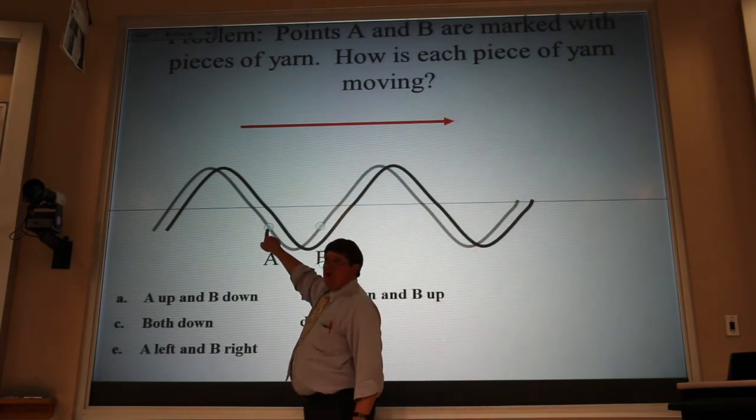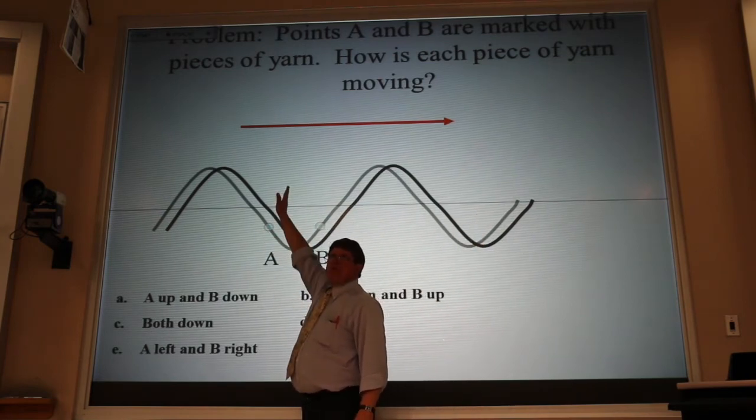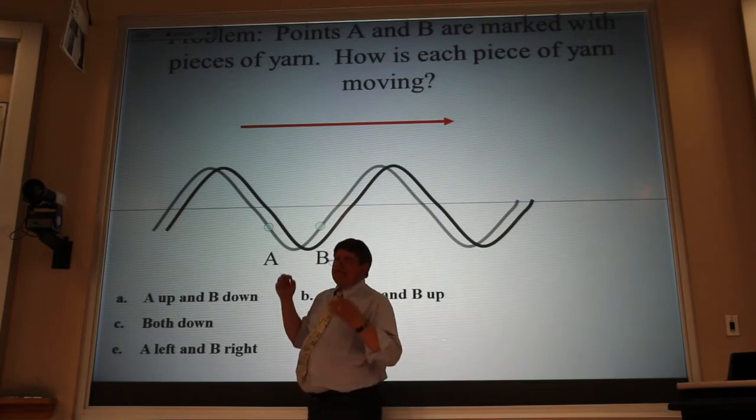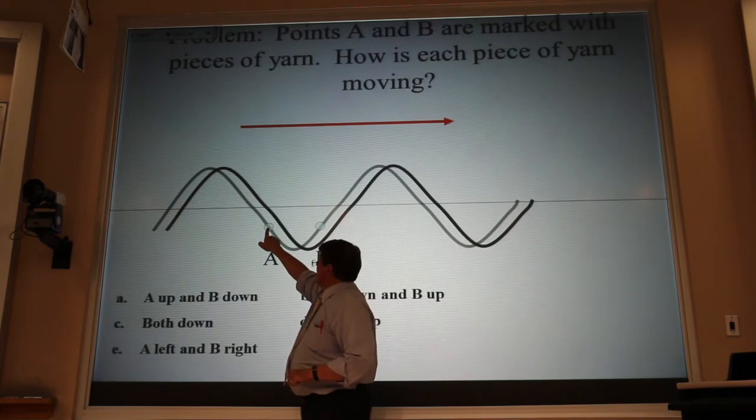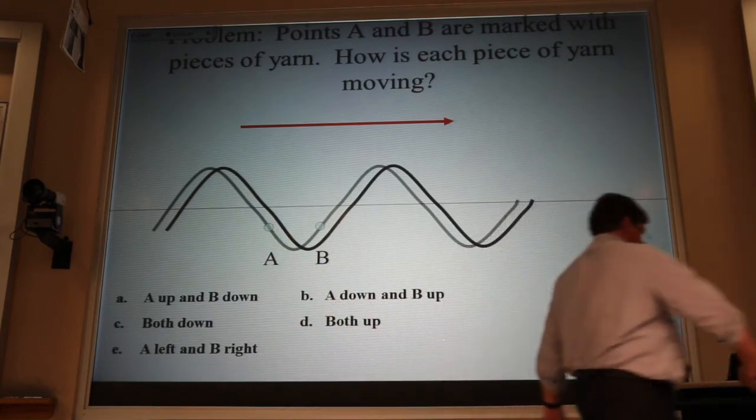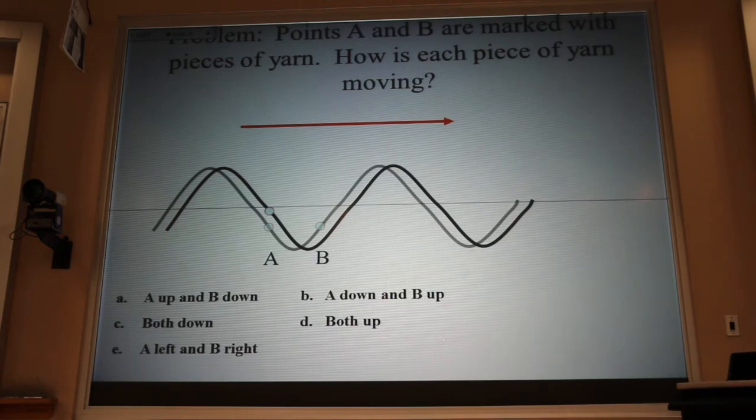Now these pieces of yarn can only move up or down. And the yarn has to stay on the string. So that means this point A, where I've tied the yarn, has to move up there. And B has to move down there. So A will move up, B will move down, and the answer is A. Okay? If you got B, you need to reassess your life choices.